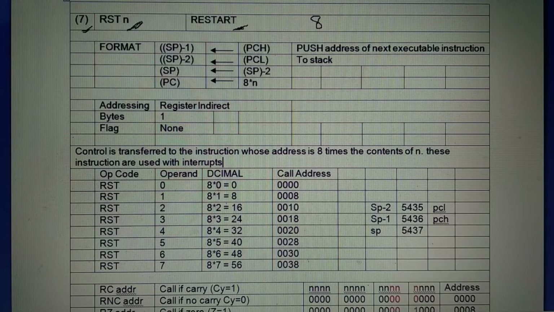RST is a software interrupt. Whenever an interrupt is received, at that time attention is to be given to the interrupt signal. Whatever program is to be executed for that particular interrupt signal gets executed, and again control is to be transferred to the main program.